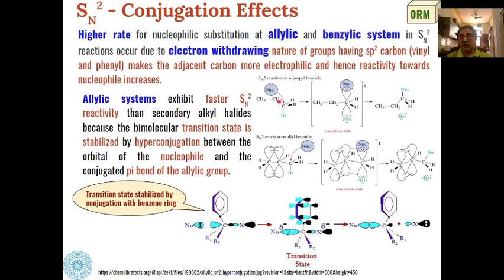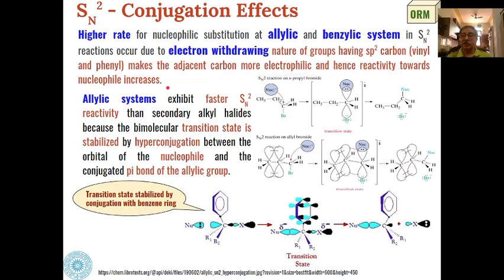This is alkyl and this is allyl. So here, because this is a carbon carbon double bond, and it has an electron withdrawing nature because of the vinyl or phenyl ring. Phenyl also has an electron withdrawing nature, hence reactivity towards the nucleophile increases.